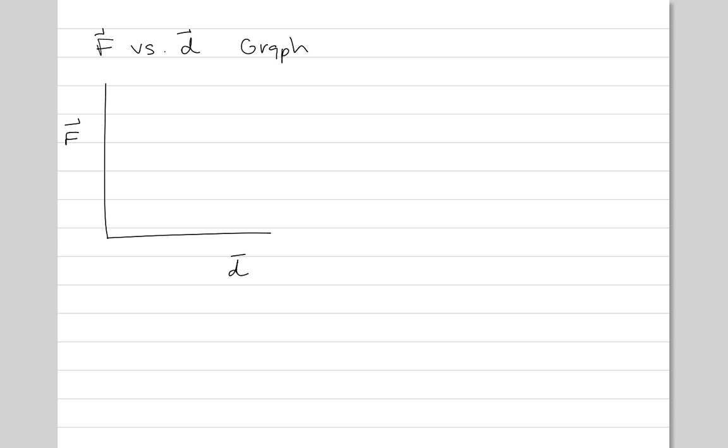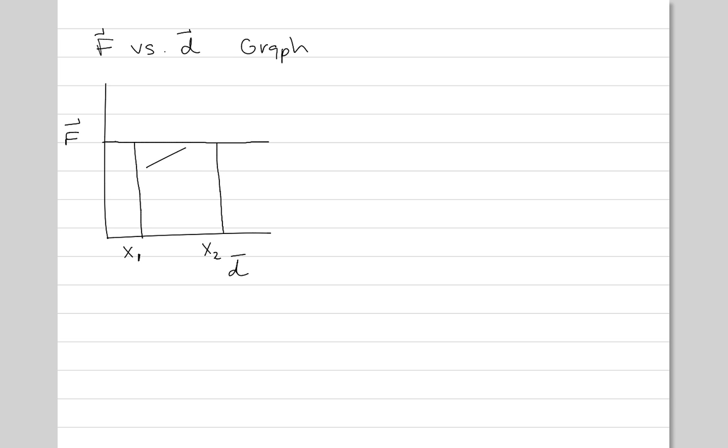Okay, so in physics 20, we're thinking about forces and displacements. Usually, 9 times out of 10, the force is constant. So what you can do is just draw your constant force. And let's say there was some displacement change. So let's say this is x1 and x2.